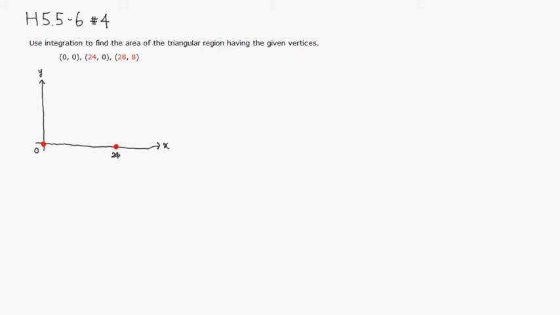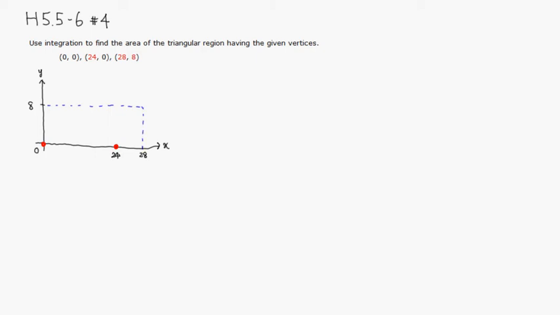28, 8. So 28 should be right here, and 8 is somewhere up here. Right, so we know that the point is going to be somewhere around there.